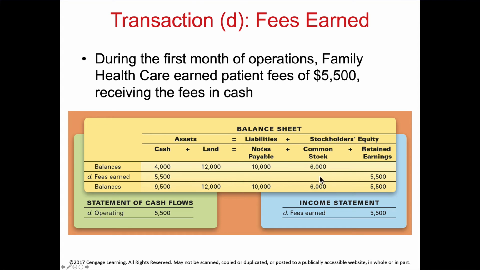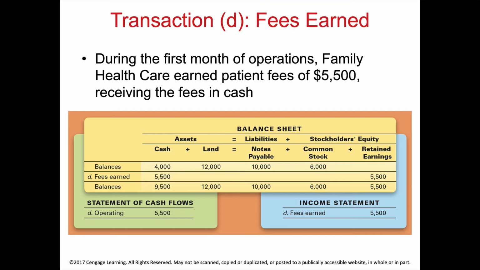And I want to take you over here to this side of the equation, right? Retained earnings. Retained earnings is part of your stockholders' equity, as we learned last module when we were learning about the balance sheet. And retained earnings represents the net income that a company earns, the profit that a company earns, less any dividends that are paid to shareholders.